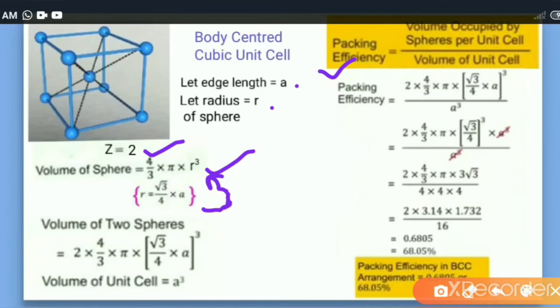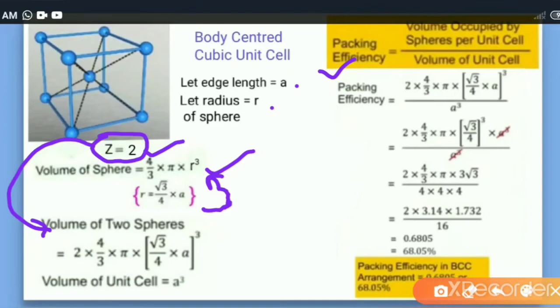But here the total number of atoms is actually 2. So here there are 2 spheres, and we need to find out the volume of 2 spheres. In the previous one, that is the simple cubic, Z is equal to 1, therefore there we calculated the volume of 1 sphere.